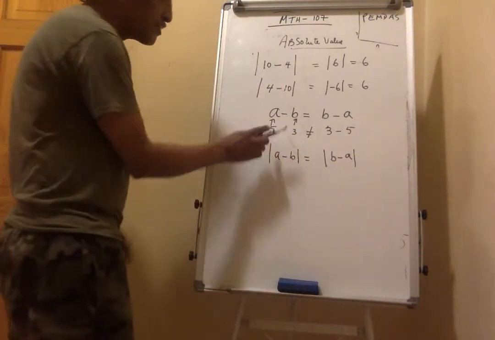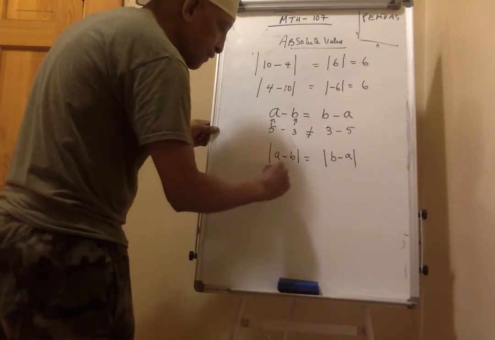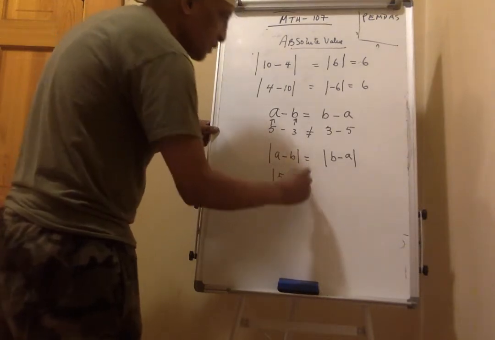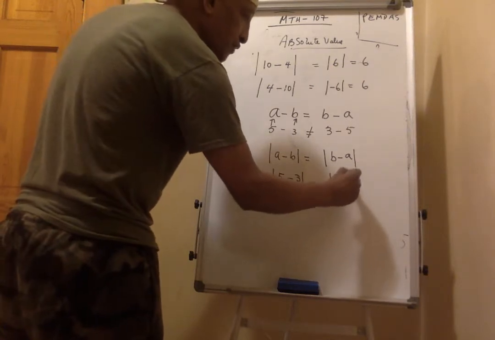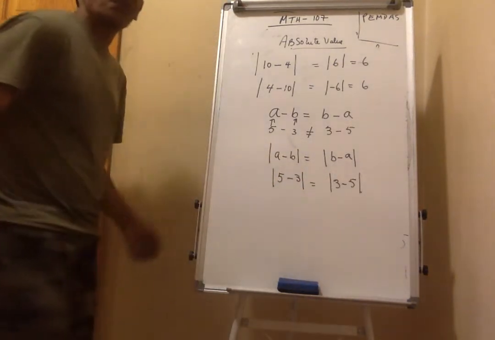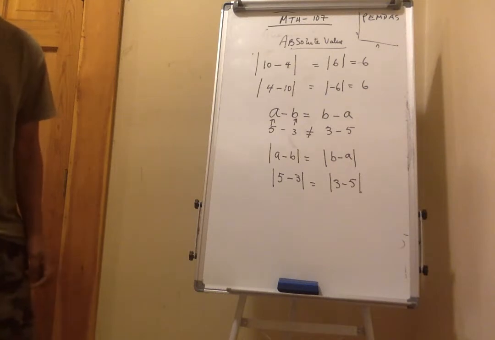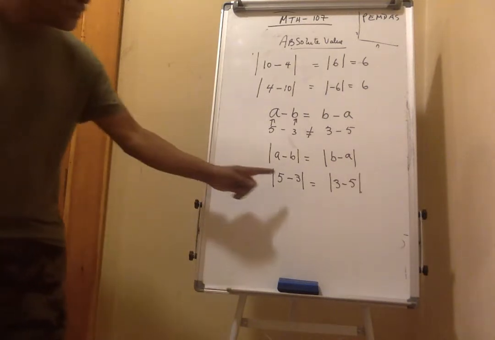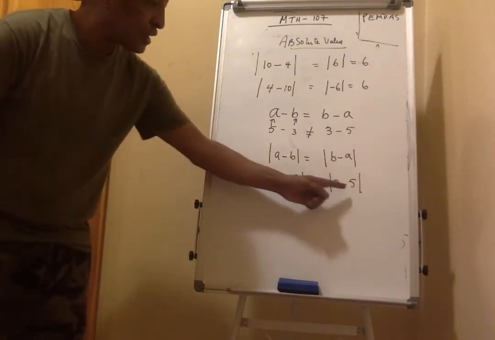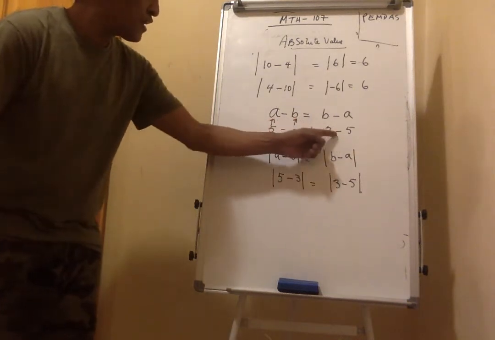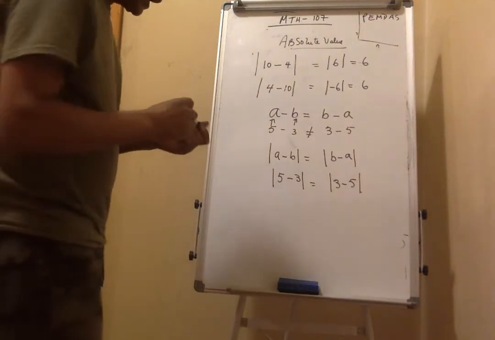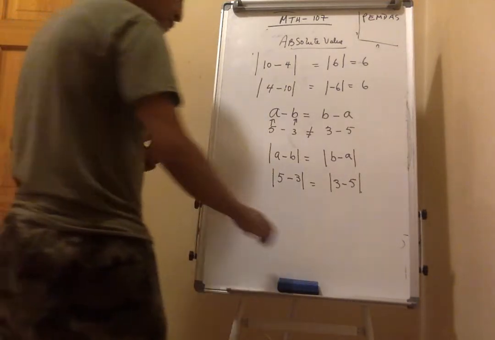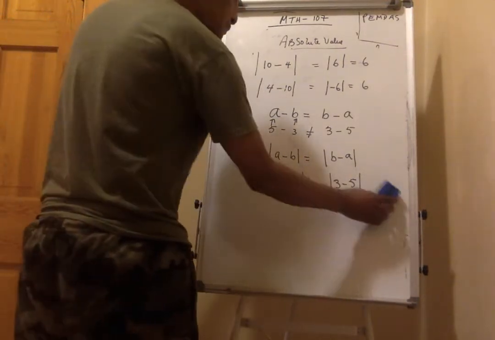Again, I can use this example. The absolute value of 5 minus 3, which is the absolute value of 2, is the same as saying the absolute value of 3 minus 5, which is 2. Okay? So this and this statement are the same, whereas this and this are not the same. So that is the idea behind the absolute value.